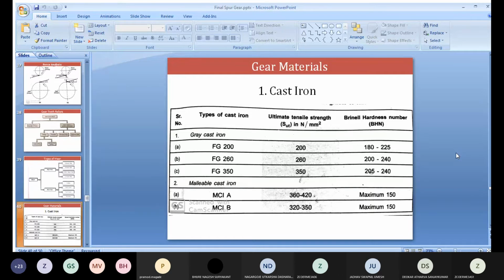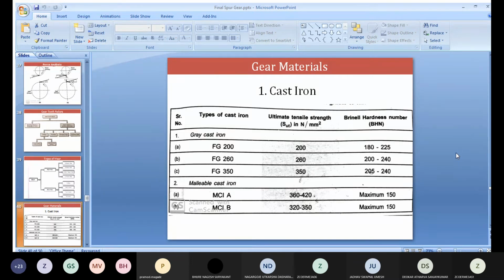First, when the gear tooth is subjected to fluctuating load, it should have high endurance strength.